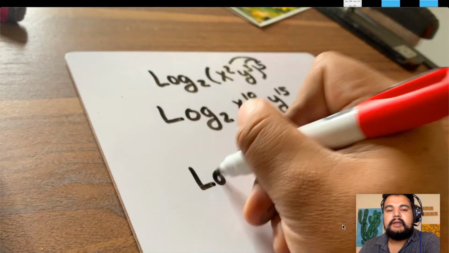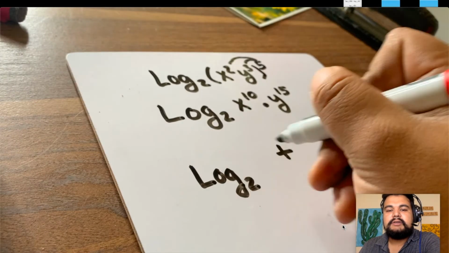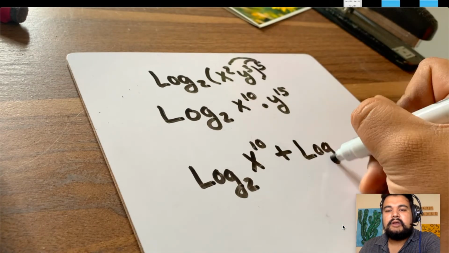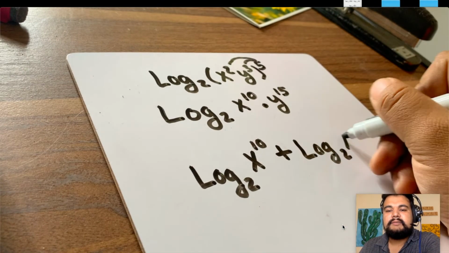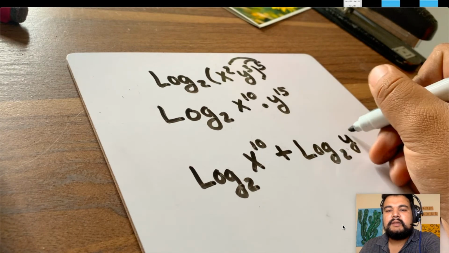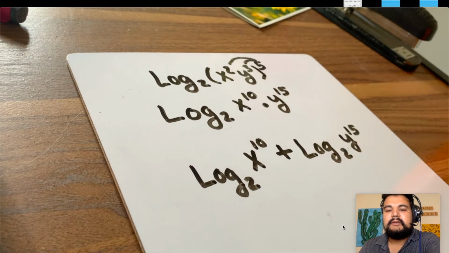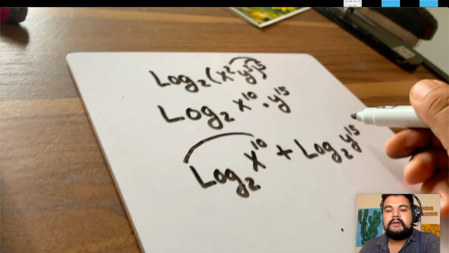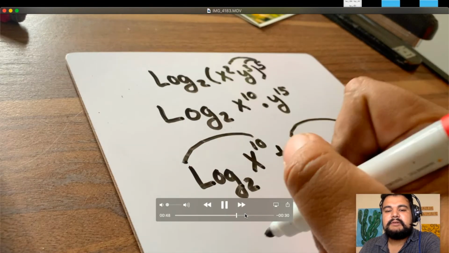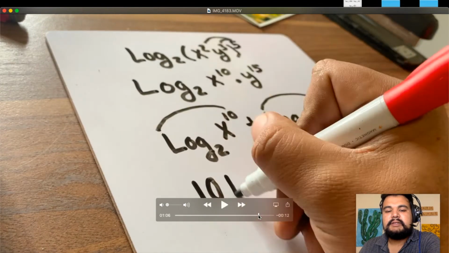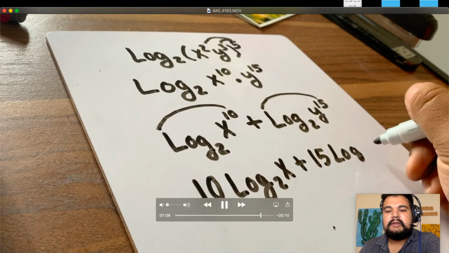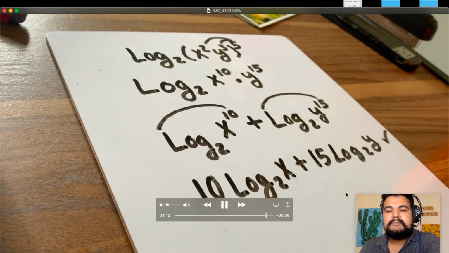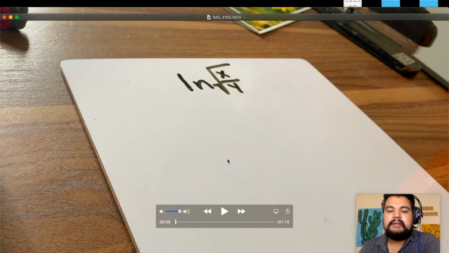You end up with log base 2 of x to the 10 and log base y, and then the power should have been the 15. And then we're just going to shoot the power to the front. So let me just speed this up. So the 10 is in the front, and there you go. That's expanding, going backwards.